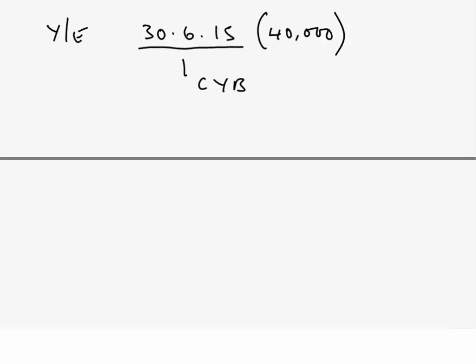Clearly, the year ended 30th of June 15, that date ends in the 15-16 tax year. So that is the basis period for the 15-16 tax year. And because we've made a loss, whether the loss as here is 40,000, 4,000 or any other number, the assessment is nil. What does that mean?